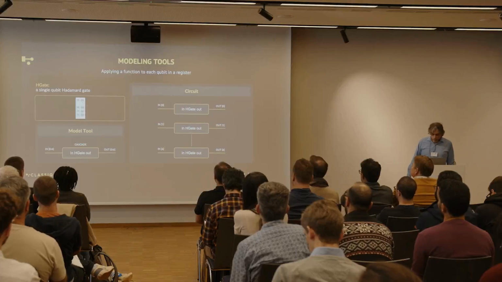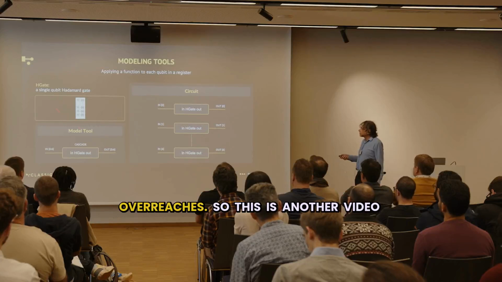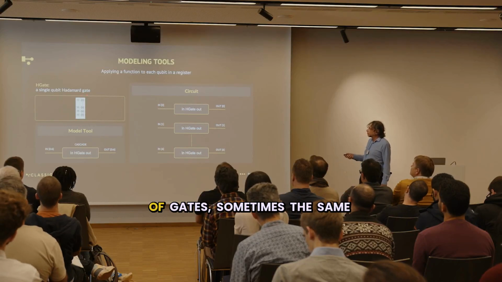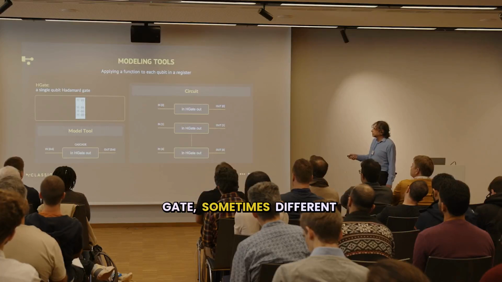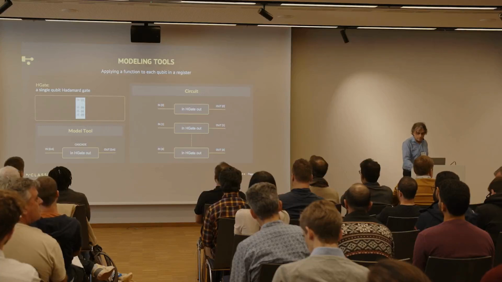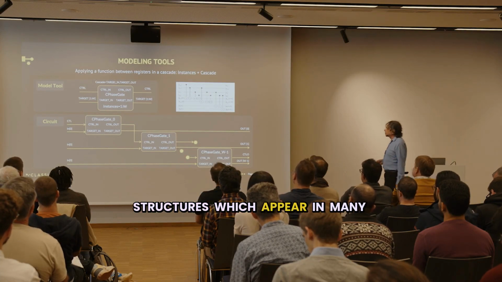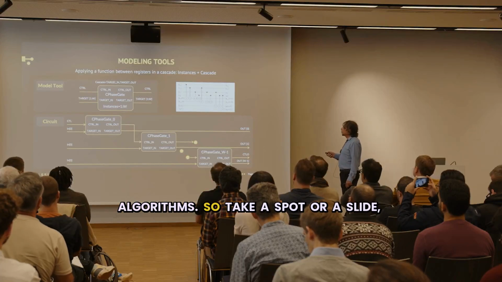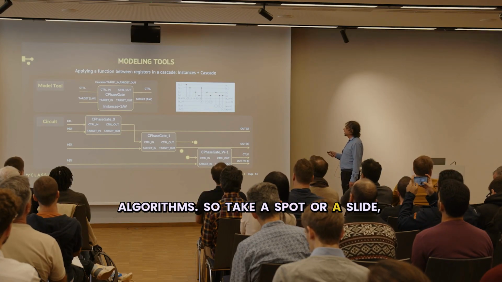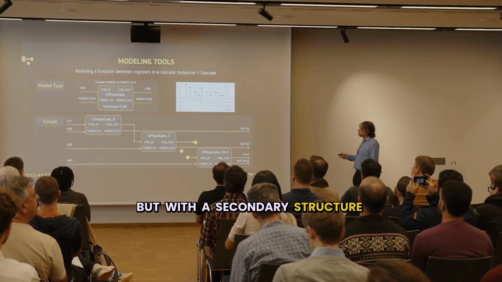And Bettina mentioned the for loop over gates, so this is another idiom, sometimes the same gates, sometimes different gates on two bits. And then some more complex structures, which appear in many algorithms. So a cascade here or a slide, but with a secondary structure.